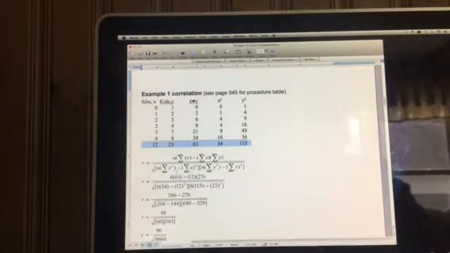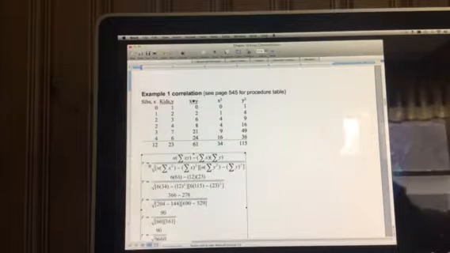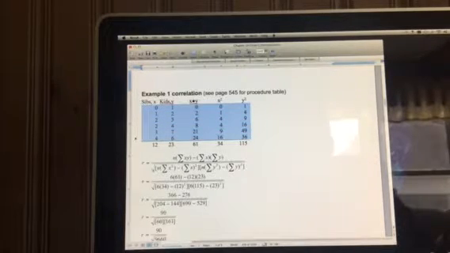Our formula here, and we'll start walking through putting numbers in. R equals, in the numerator we have n. N is the number of pairs. We had 6 rows in our table. Only thing there, be careful, don't count your total row. Now, sigma xy. We've seen before in this class, capital sigma means we're adding something up. We're adding up x times y.